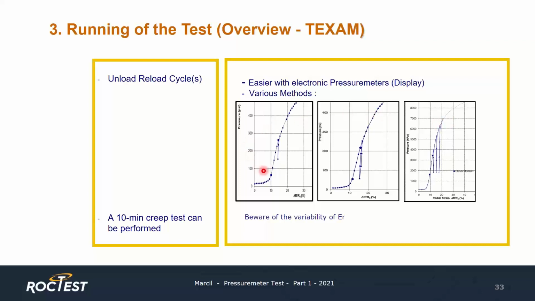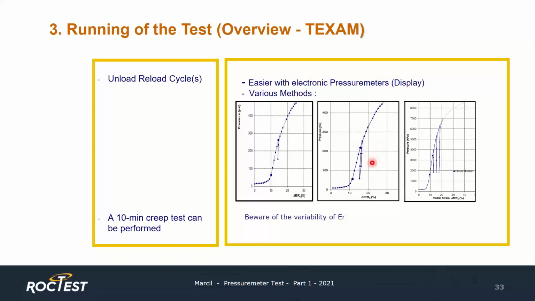And there are different methods for doing these unload reload cycles. One method consists in simply starting to unload when you see that the soil is starting to yield, by reducing the pressure by half in one step, taking a reading, and then going up and resuming the test.